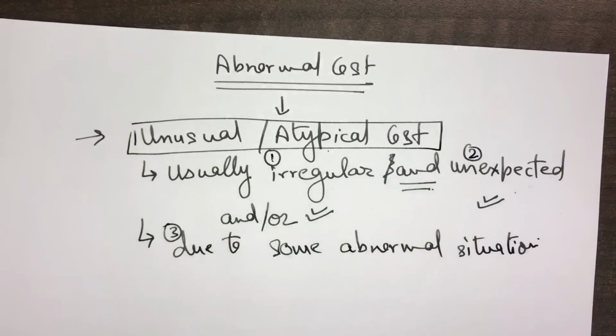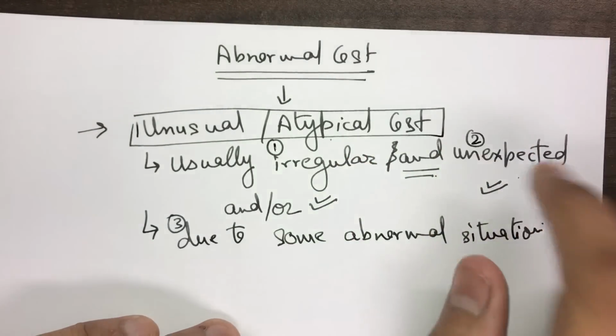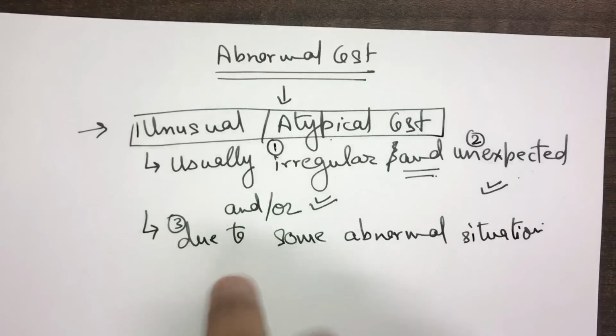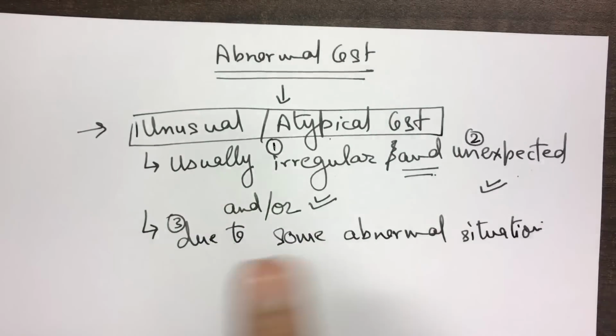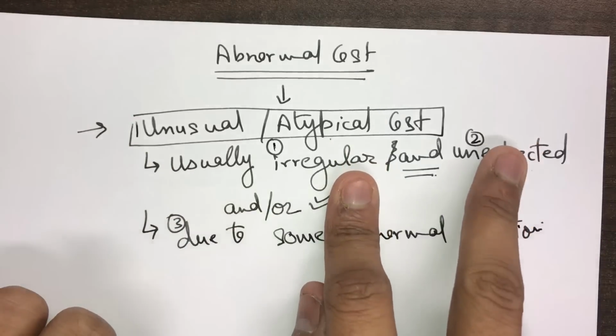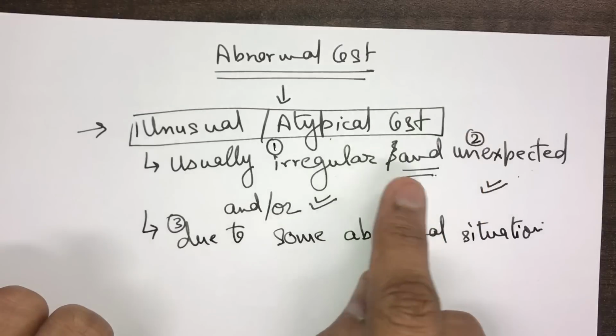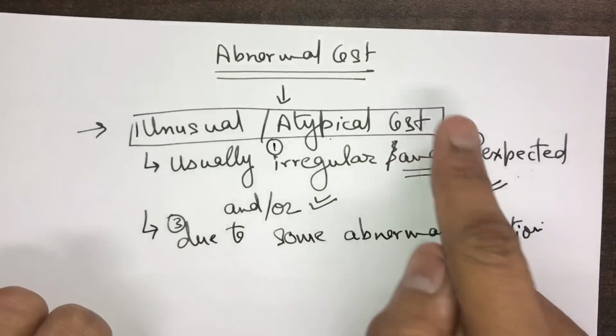Now the features of abnormal cost are segregated into three portions. The features are: number one, it should be irregular; number two, it should be unexpected; number three, it should occur due to some abnormal situation. Now please note that condition number one and condition number two are to be satisfied cumulatively because the conjunction which is used is and.